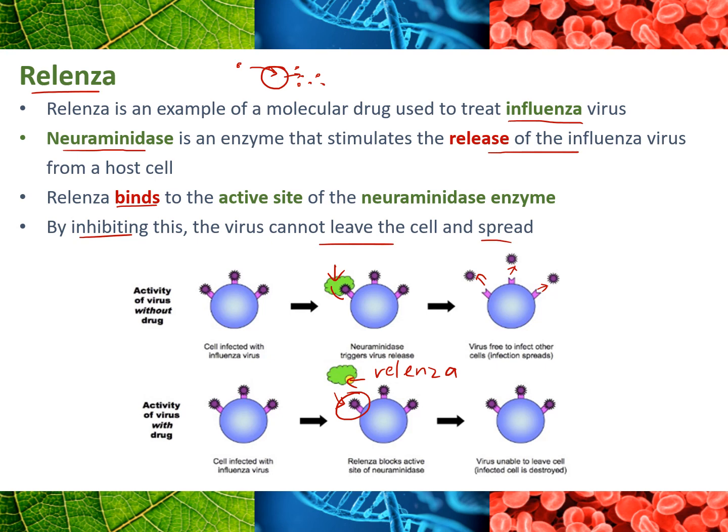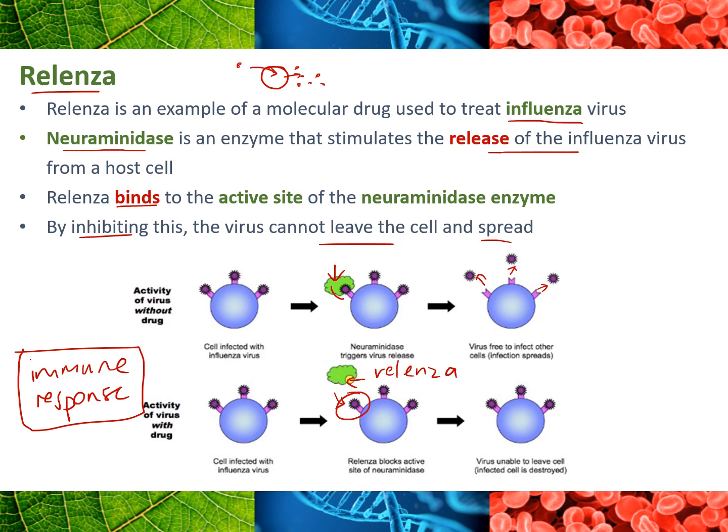Keep in mind at the same time as this, an immune response would be occurring that is targeting all of these cells to try and destroy them. So this is basically stopping the spread of the virus further within the body while the body undergoes its normal immune response to get rid of that pathogen. So it is important you know how Relenza works.